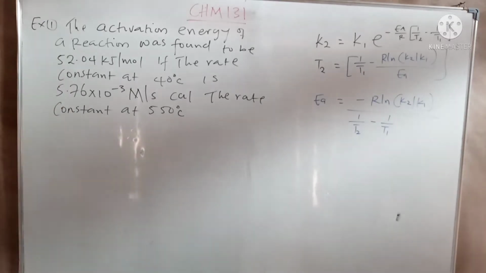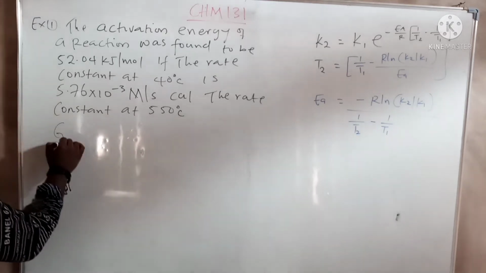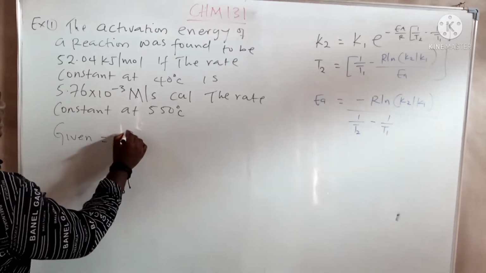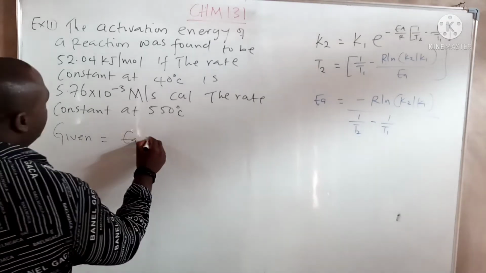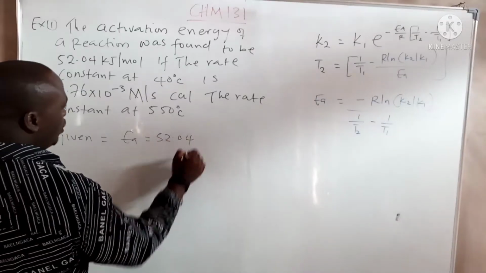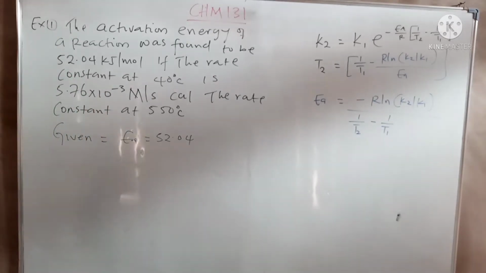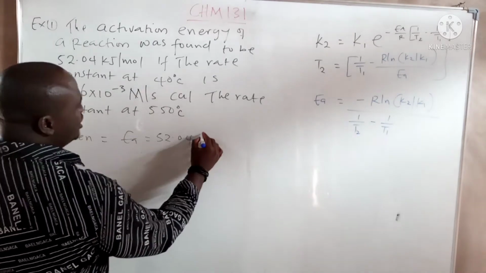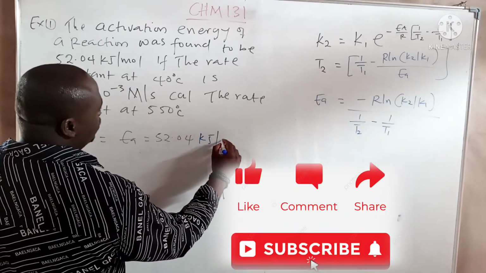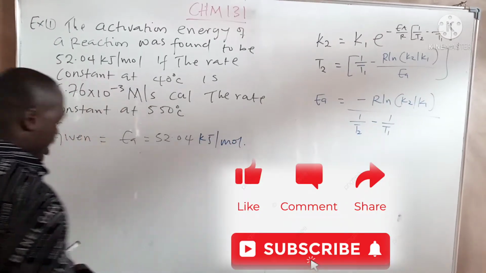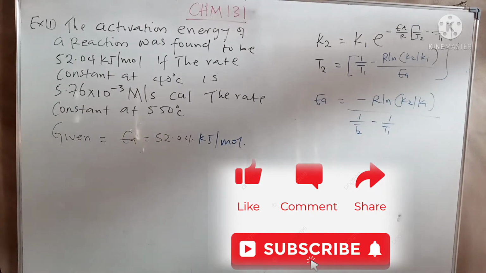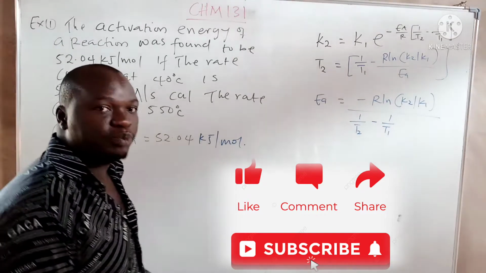The activation energy of a reaction was found to be, so given on the question, the activation energy, the EA, is 52.04. And remember, I just said something. They gave you the SI unit, and please always be careful, it is in kilojoules per mole. Now, the activation energy must always be in joules per mole.